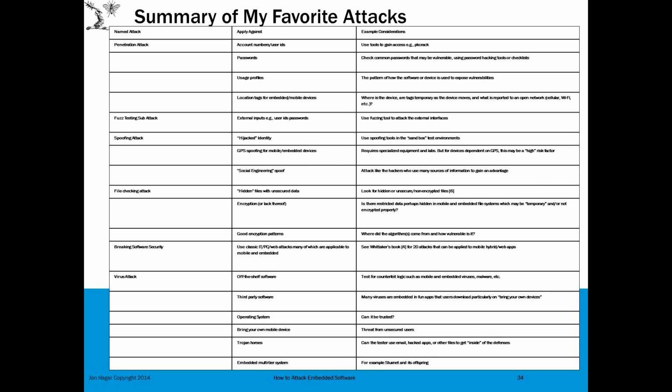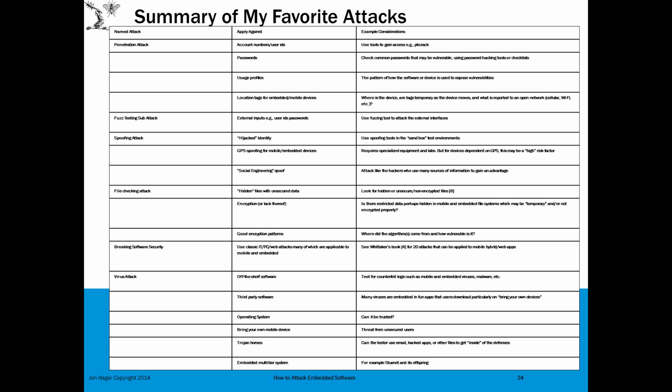I like to do a penetration attack, maybe combining that with a fuzz testing attack, and those are my first top two. If the system I'm working with, the device I'm working with, is subject to maybe a spoofing concern, that would be next. Then look at the file checks. Are there persistent, temporary but not temporary files that are left around the system that I can access?